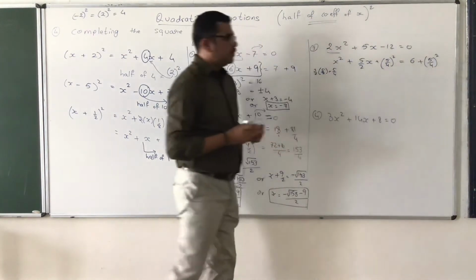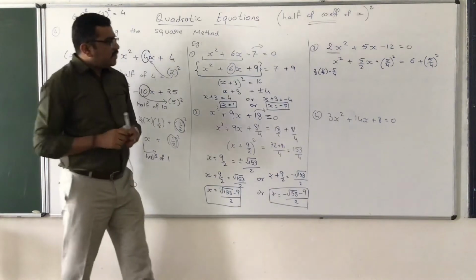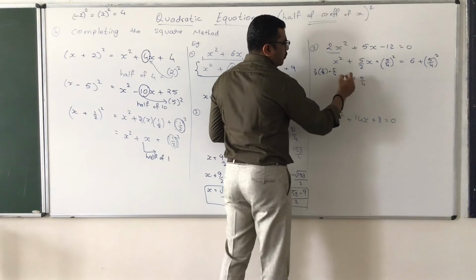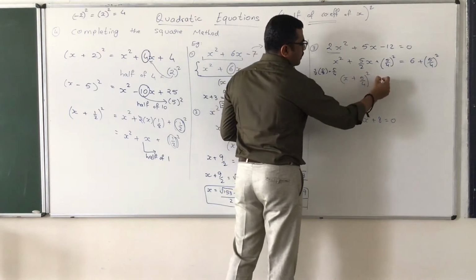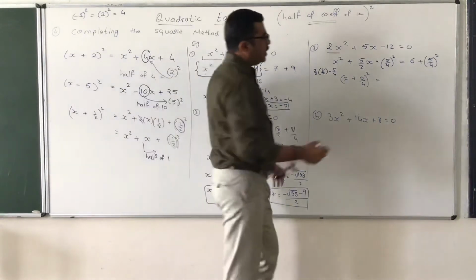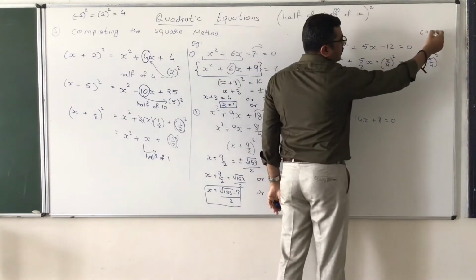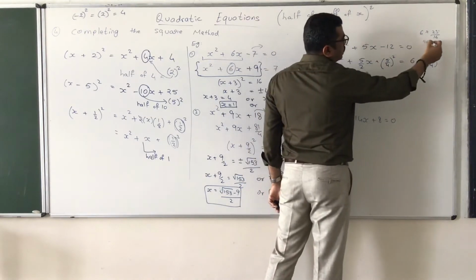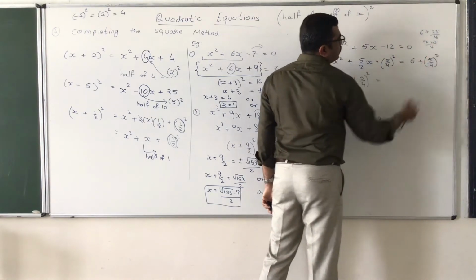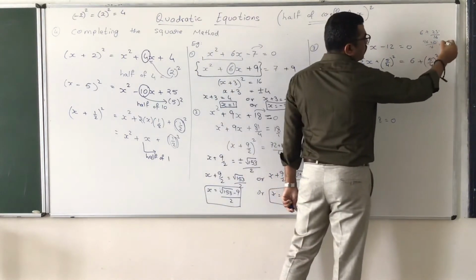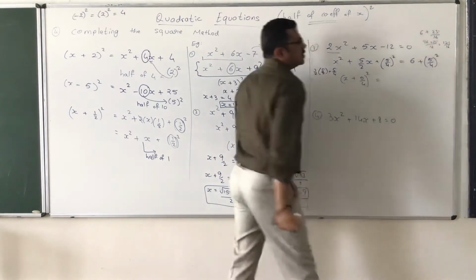So we have on the left hand side x plus 5 by 4 the whole squared equals, if we simplify the right hand side, 6 plus 25 by 16. So that is 96 plus 25 by 16. And that will give you 121 by 16.